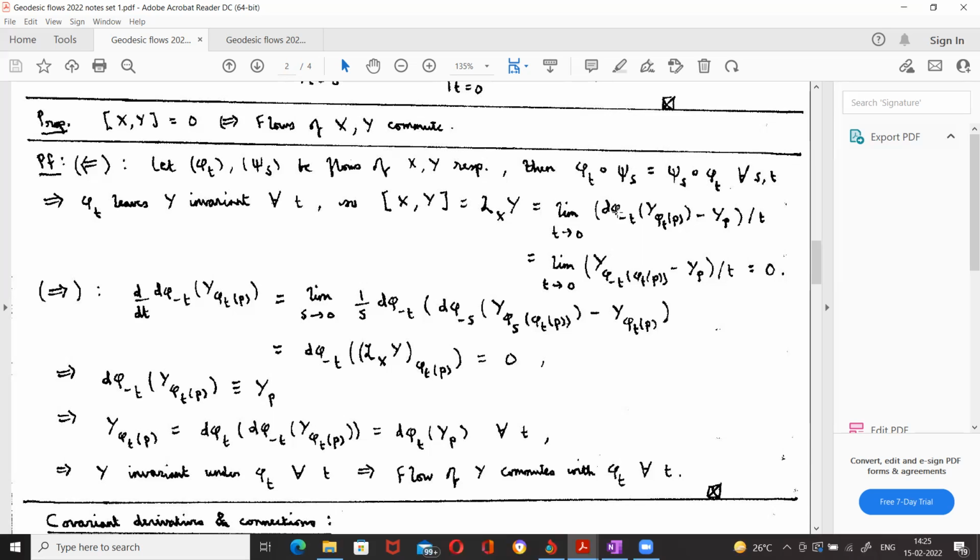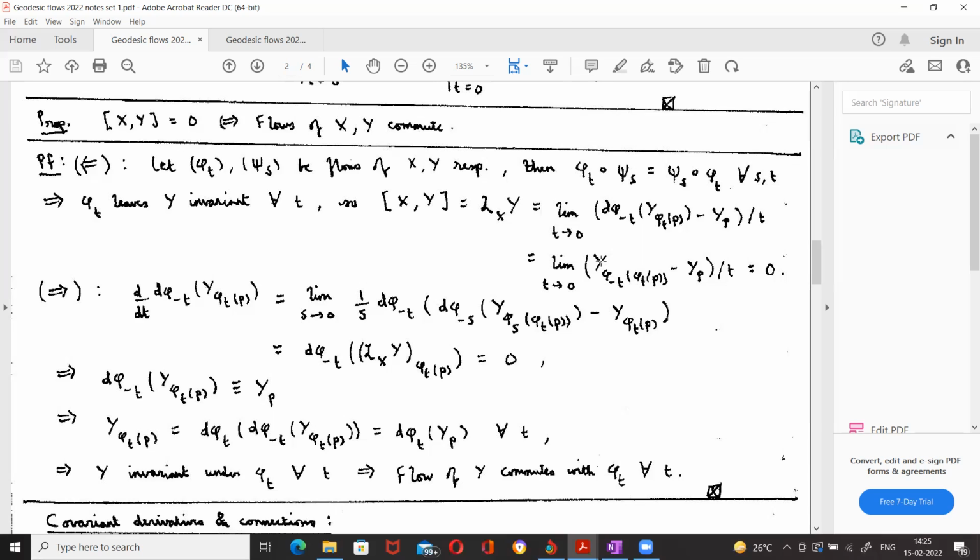So this means that d phi minus t will take y at phi t of p to the tangent vector y at phi minus t of phi t of p, right? So from here to here, this is by the phi t invariance of y, all right? And phi minus t of phi t of p, by the group law, is equal to p, right? Phi minus t and phi t are inverses of each other.